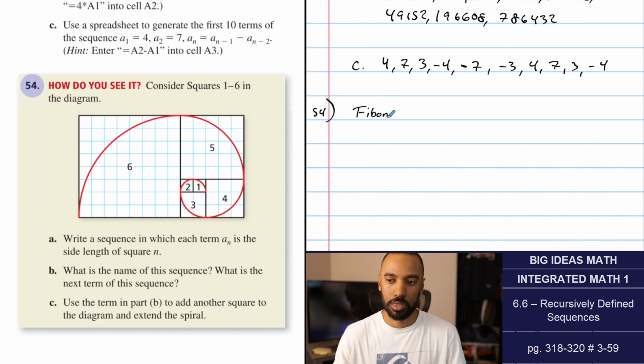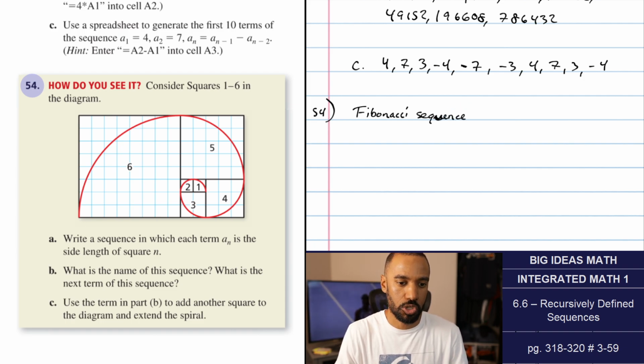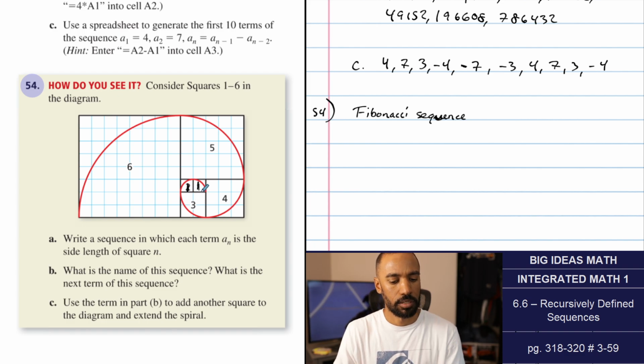Now, I'm trying to think how I would explain that. You may or may not know how the Fibonacci sequence works, but here is your 1, 1, and then, well, let's see. How does that work? Oh, okay, so this is 1, 1, and then the 1 plus 2 is 3.